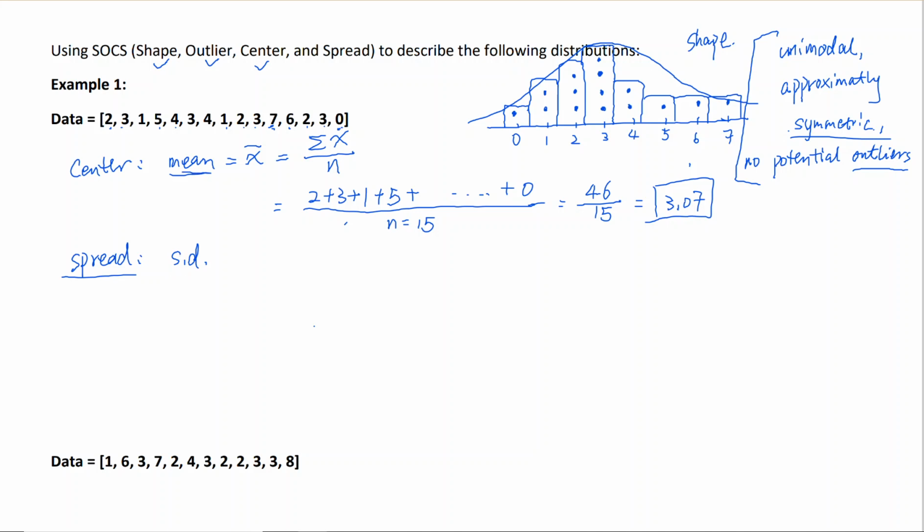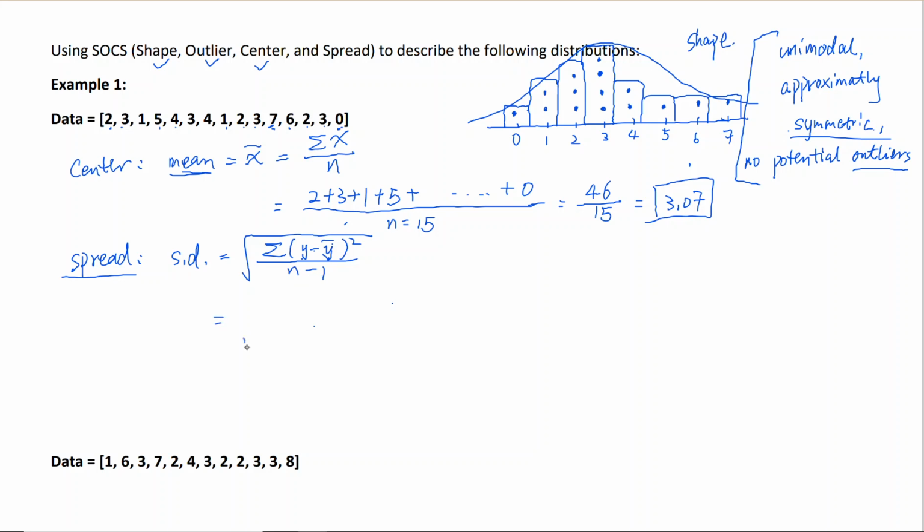The standard deviation has the formula: the square root of the sum of y minus y bar squared divided by n minus 1. So for each observation minus the mean of the observations squared, divided by the total number of observations minus 1.